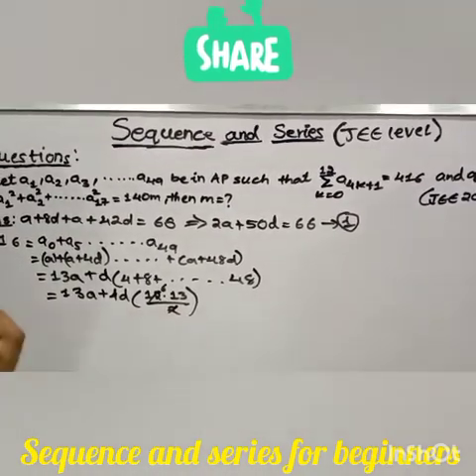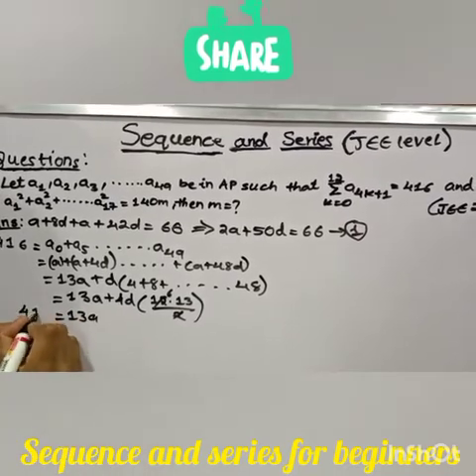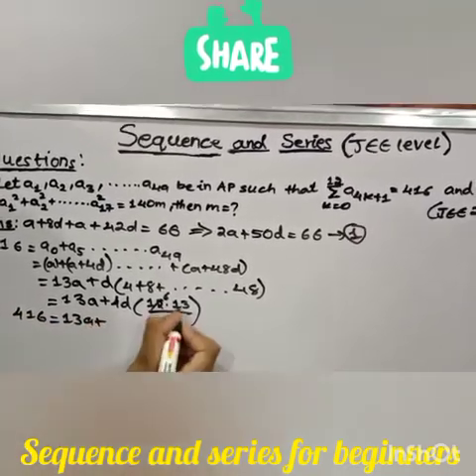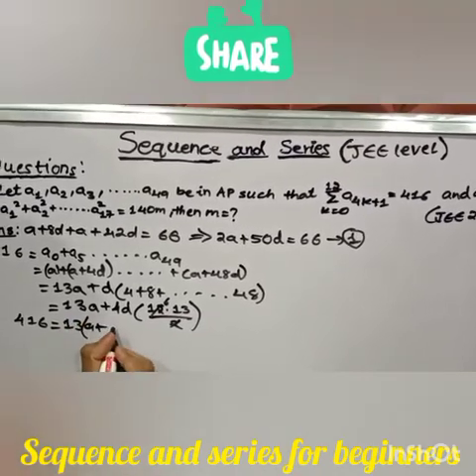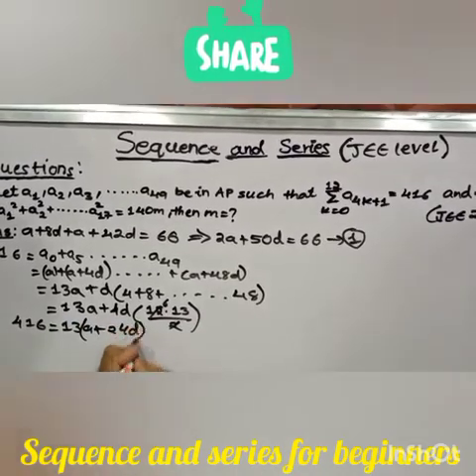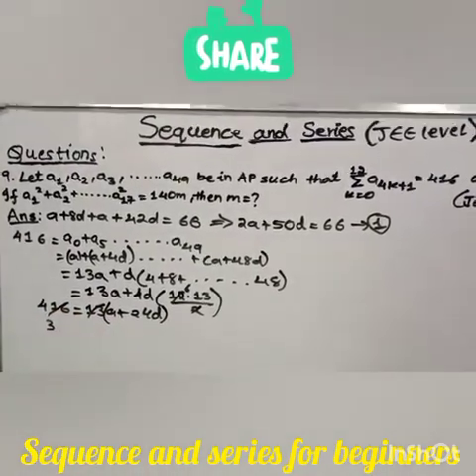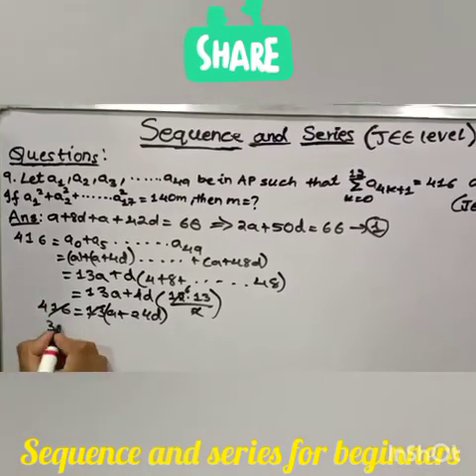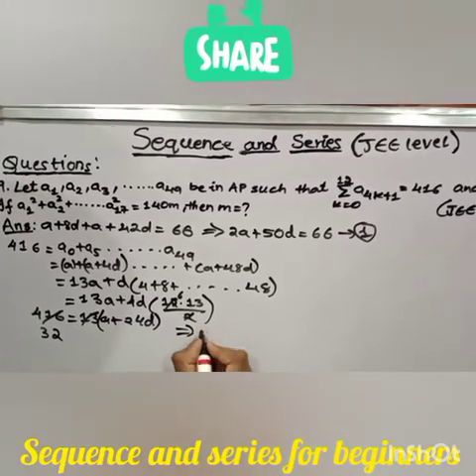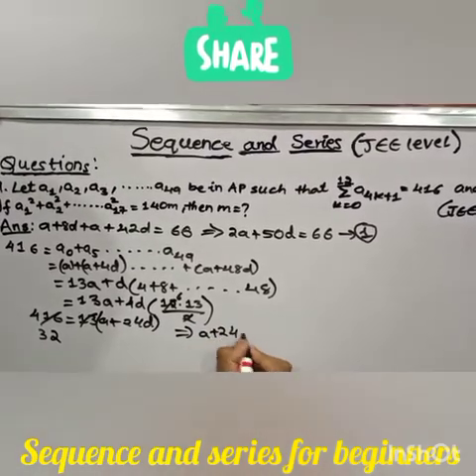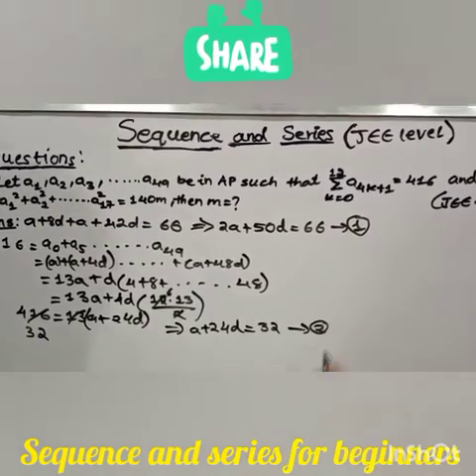So 13a plus 13 times 24d is 416. 13 times 32 is 416. So this implies we get a plus 24d is equal to 32, and this is the second equation.